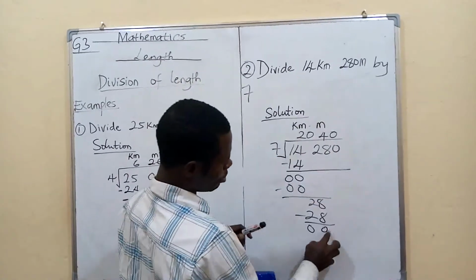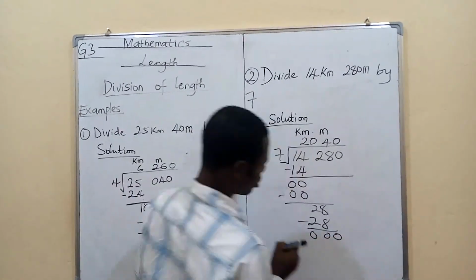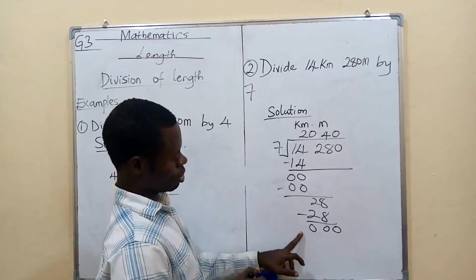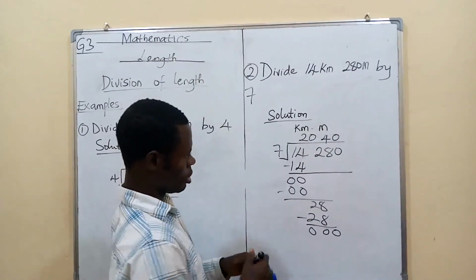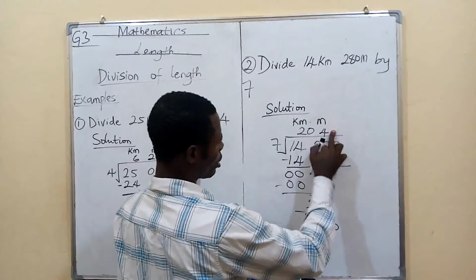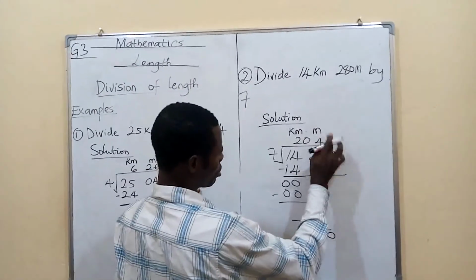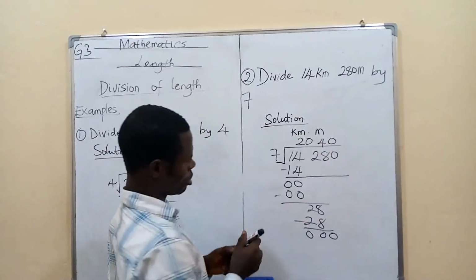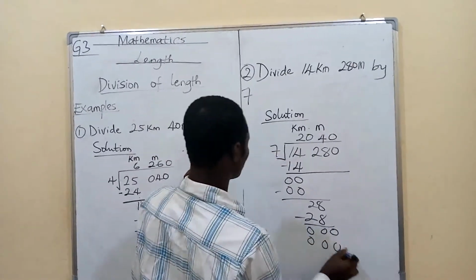If you bring down this 0, we're going to have something like 0, 0, 0 divided by 7. Still be 0. 0 times 7 will be 0, 0, 0.